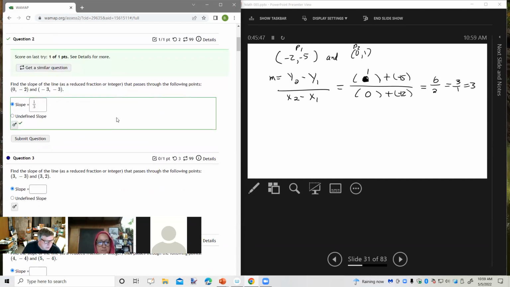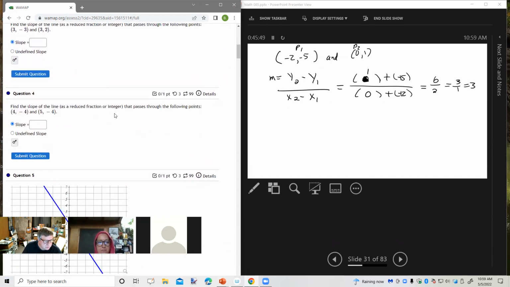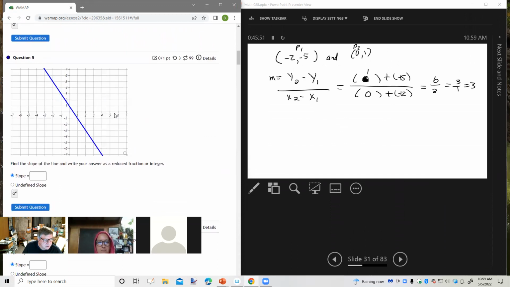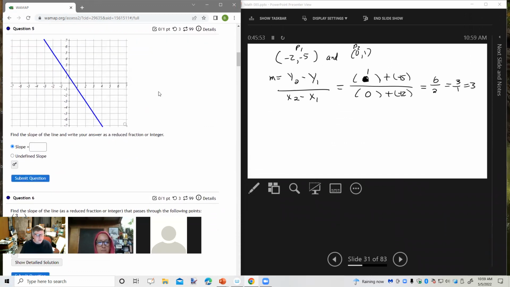All right, now, that takes us through those first 4 questions. Here, we did something like this a little bit earlier, where we've got the graph and we want to calculate the slope. When I drew the graph, I emphasized 2 specific points. We need to find some points that are easily identifiable.